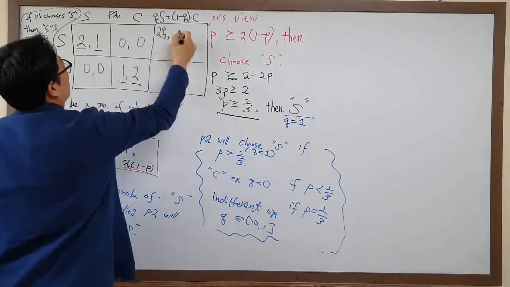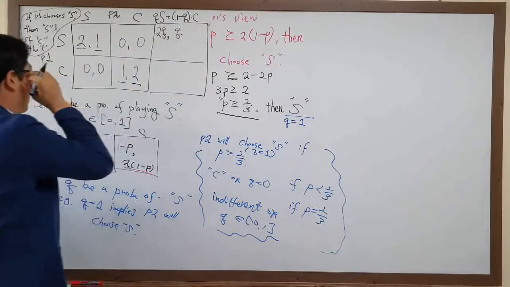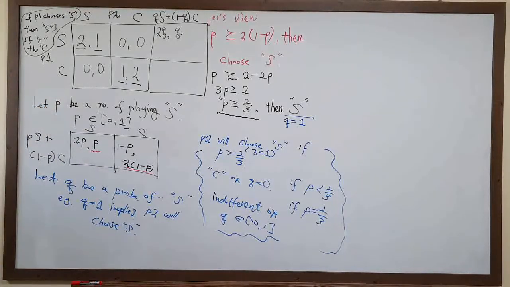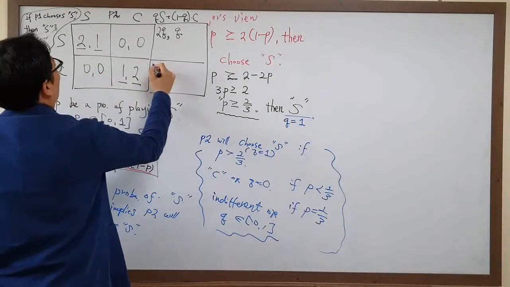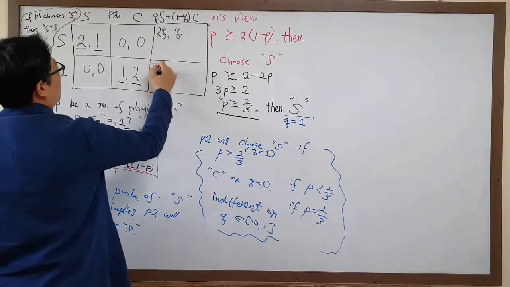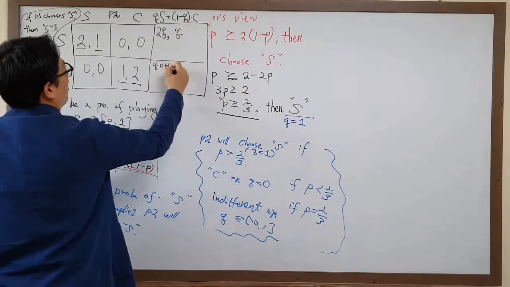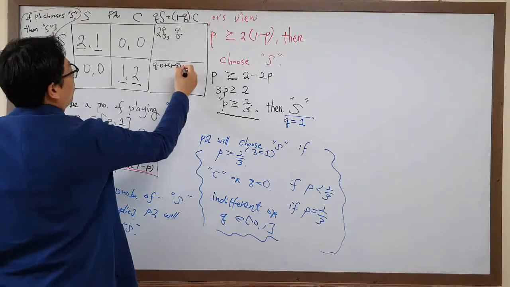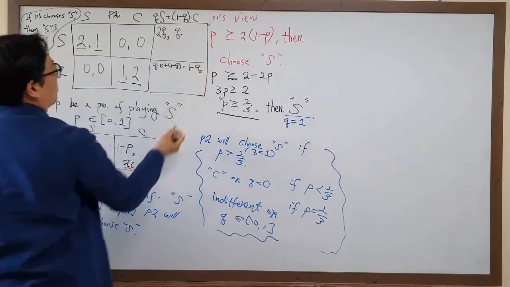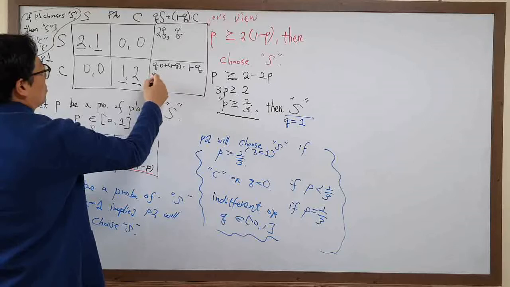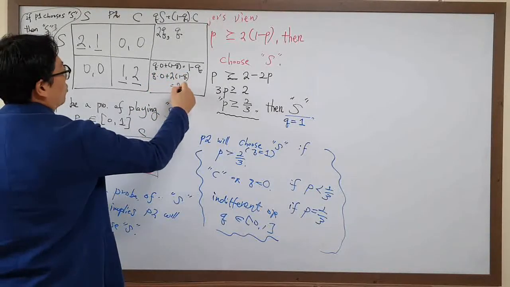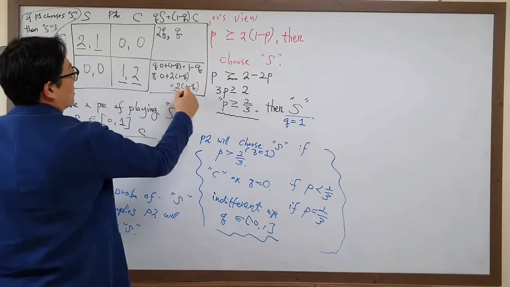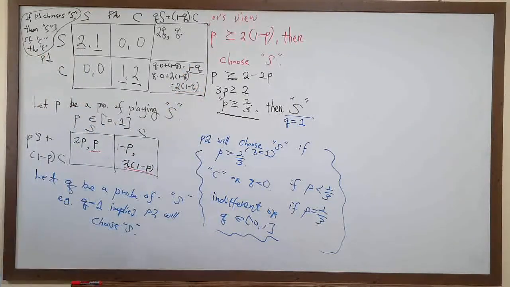And here, Q times 0 plus 1 minus Q times 1, so 1 minus Q for the first player. Q times 0 plus 2 times 1 minus Q, so 2 times 1 minus Q. This is the expected payoff when the second player is playing C.